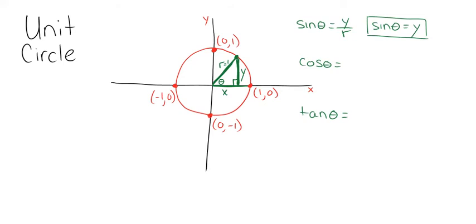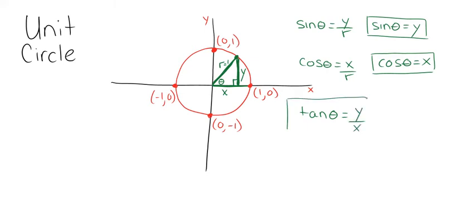And cos is adjacent over hypotenuse, so that's x over r. And since this is a unit circle, then cos theta would just be equal to x. And tan would be equal to opposite over adjacent, so that's y over x. We can't really do too much with that. We could just leave it like that.